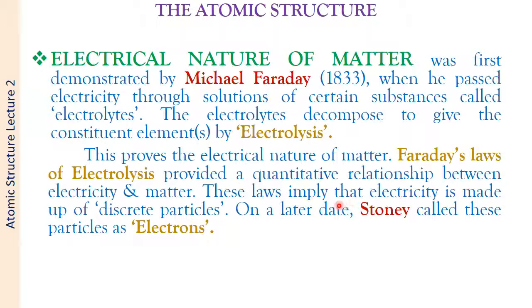For now, it is only important for you that he proved there is some relationship between matter and electricity, and these laws made us realize that electricity is made up of discrete particles. It was later that Stoney called these particles electrons. However, it was not Stoney who discovered electrons. The electrons were discovered by J.J. Thomson. So let us study how the electrons were discovered.